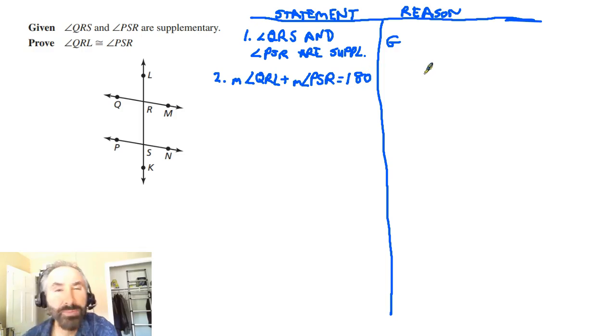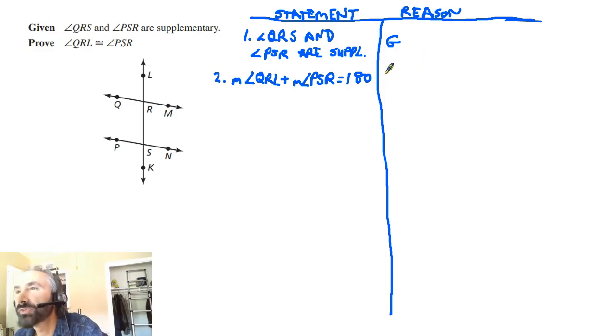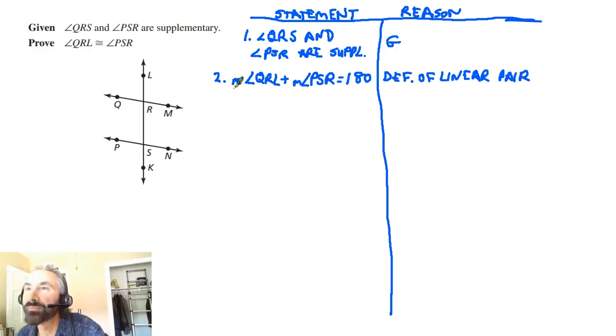Now, I'm probably skipping a step here, but if you were to do this, I would be lenient on you because of that. I'm going to say that this has to do with the definition of a linear pair, and probably there are some sneaky math people out there that would break this down into more steps. For instance, we could say step 2, angle QRS and QRL make up a linear pair, definition of linear pair.